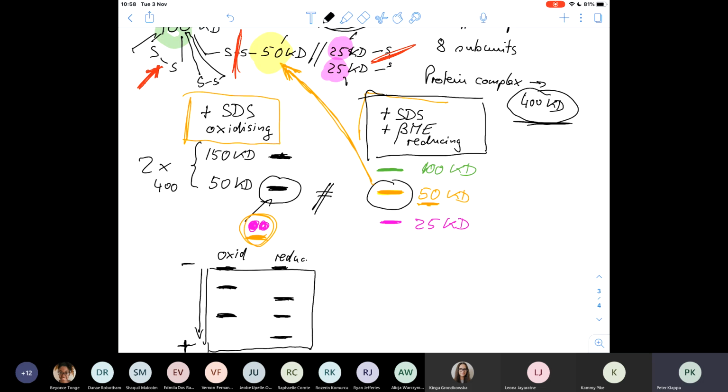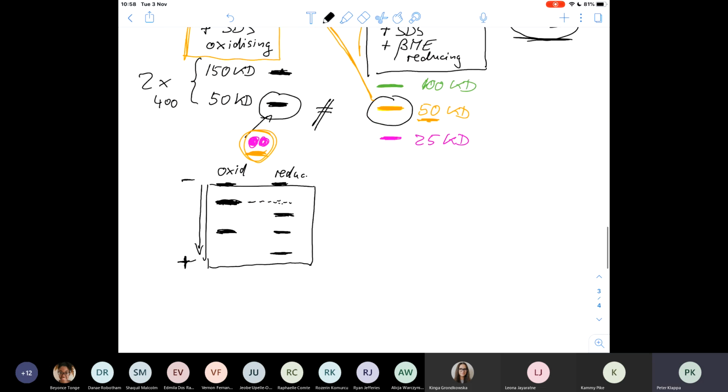So I can immediately say that this band here must be a combination of two bands held together by a disulfide bond, because it disappears. It's completely disappeared here. So there must be two proteins held together by a disulfide bond.